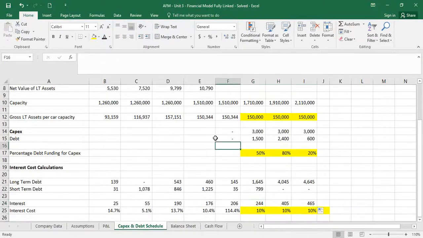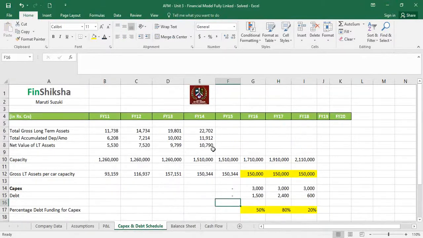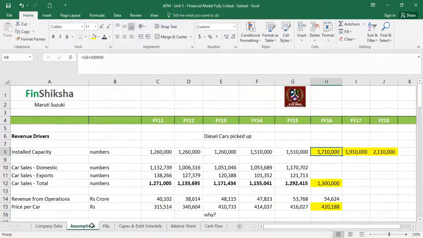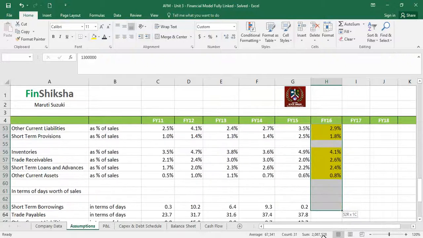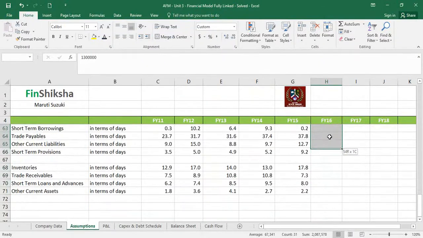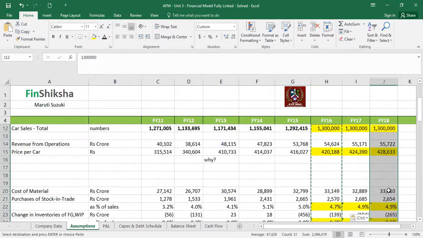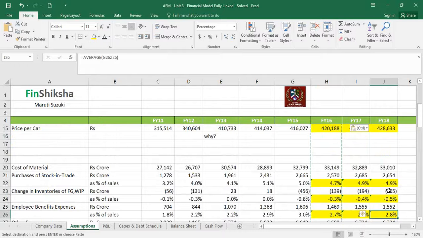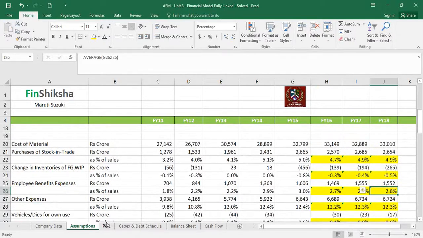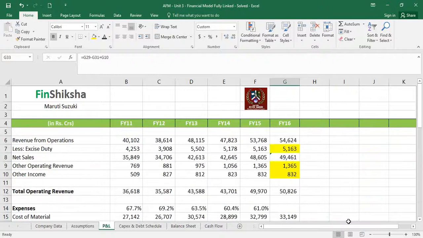With the exception of the capex and debt schedule, we have not really projected anything else for the next 2 years, but all our formulae are in place. So if I want, I can just do a simple copy and paste, because all my formulae are in place. I will automatically get the numbers on the assumption sheet.